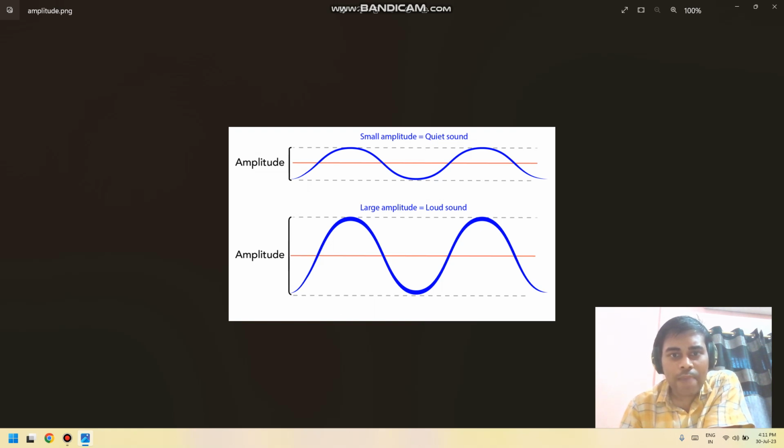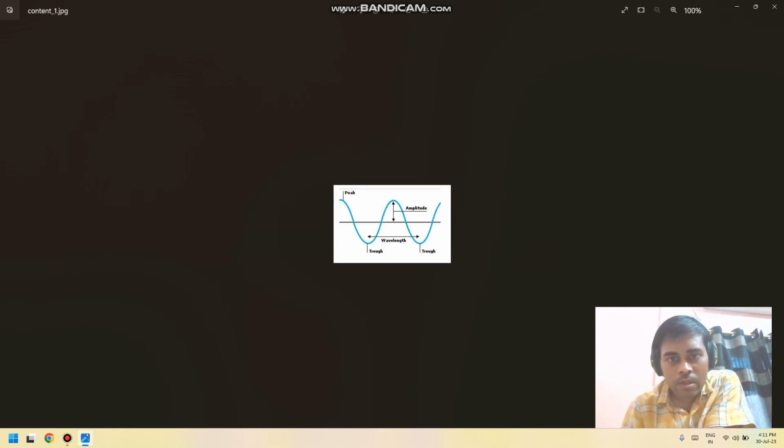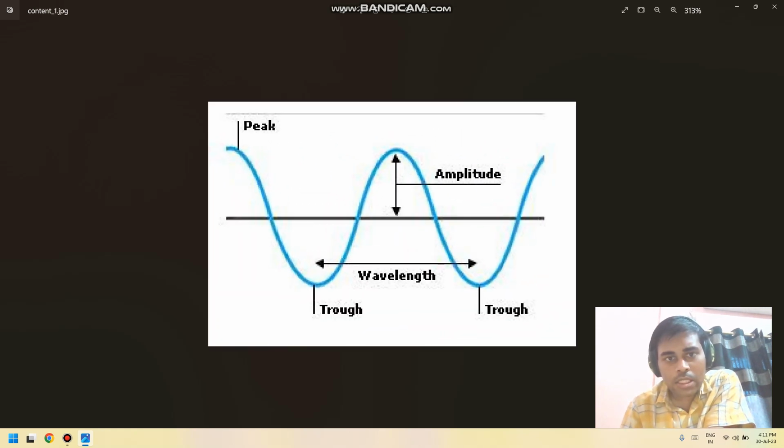The first wave's amplitude is small, and the second wave's amplitude is high. Though their lambda, or wavelength, is the same, the amplitude is high for this wave and low for this wave. You can see here, this is the peak, this is the trough, this is the amplitude, and this is the wavelength.